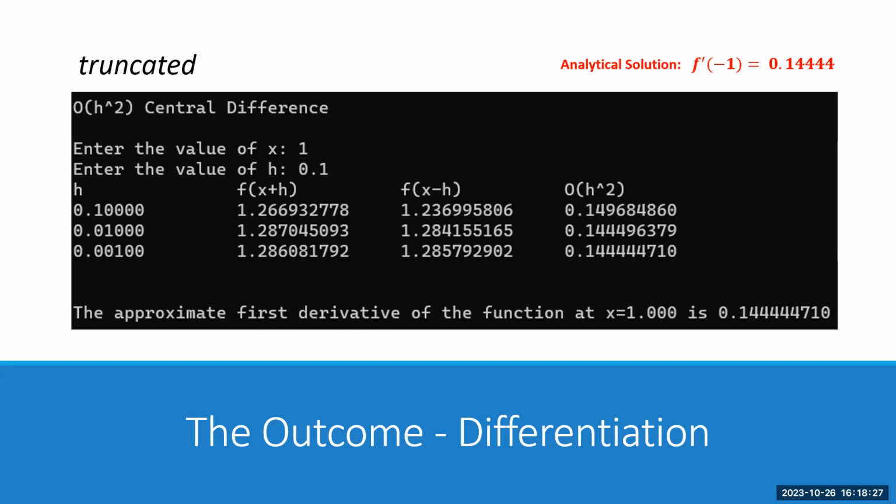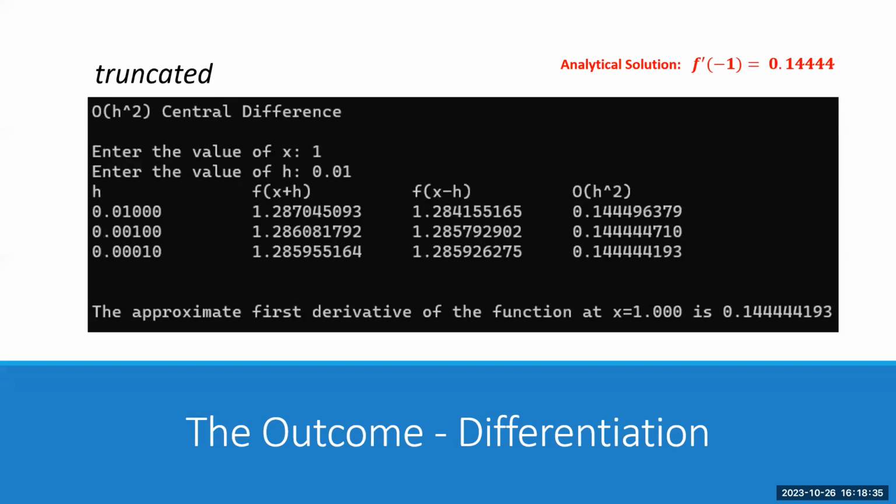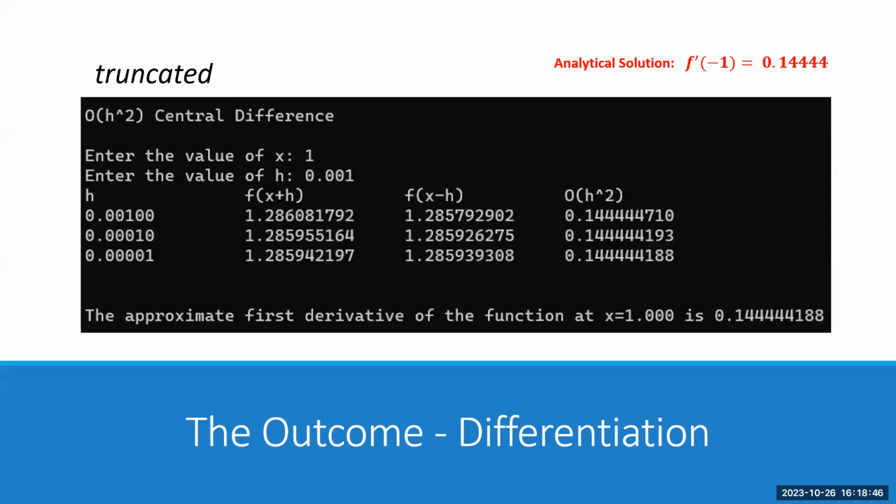This is similar to the analytical solution at 4 or 5 decimal places. Here are the results for the other h values. For 0.01, this is the result. For h equals 0.001, this is also the result.